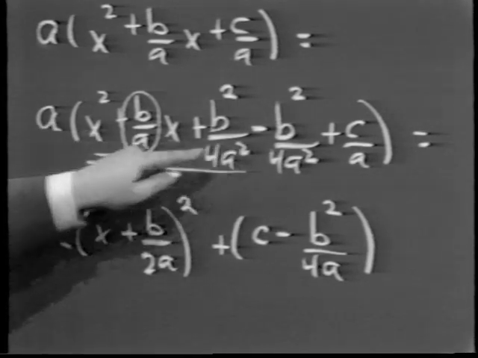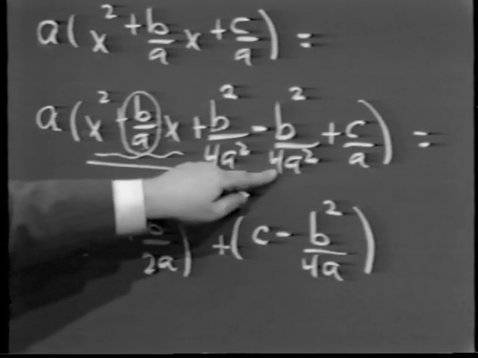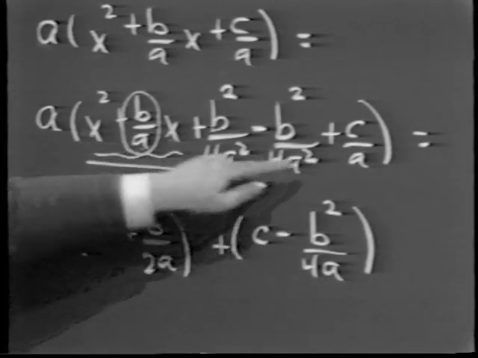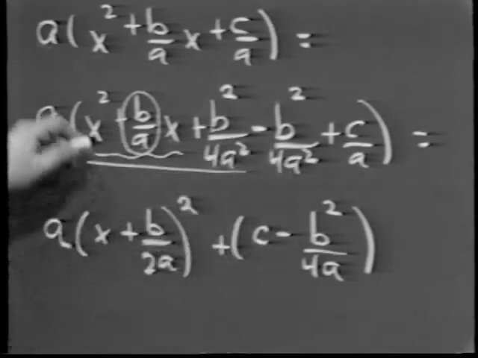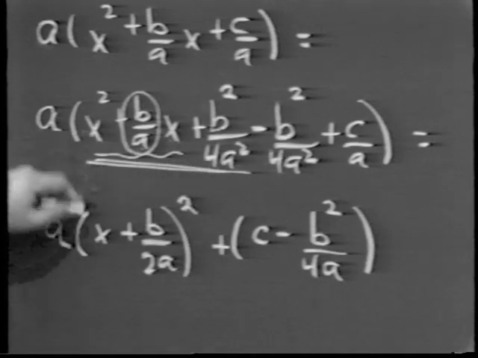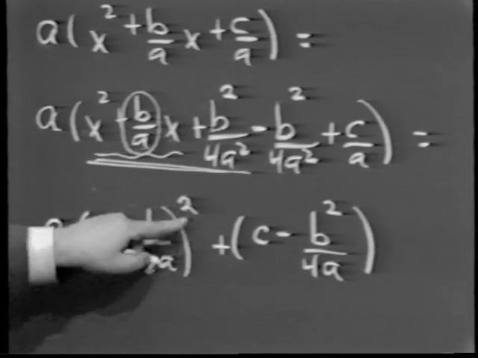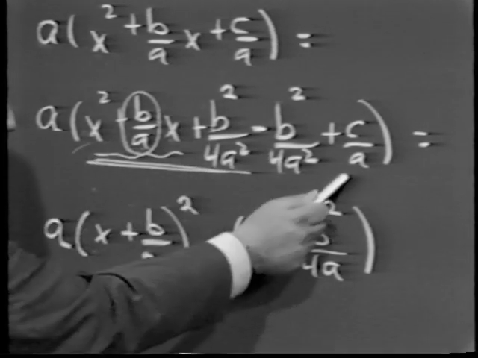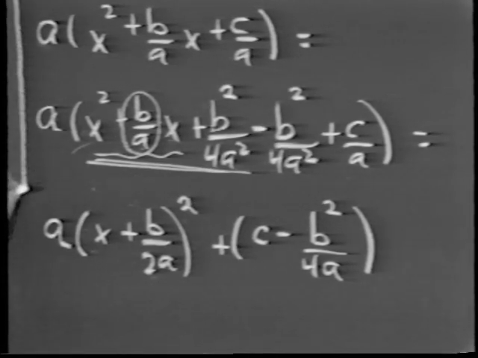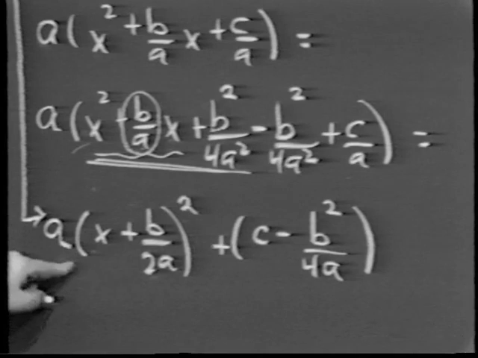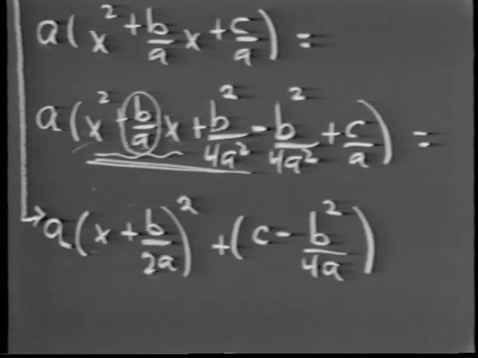And by the way, what's left over here, if I multiply these two terms through by a, is c minus b squared over 4a. In other words, recognizing that this is x plus b over 2a squared, and multiplying these two terms through by a, I wind up with the fact that ax squared plus bx plus c can always be written in this particular form. This is called completing the square.